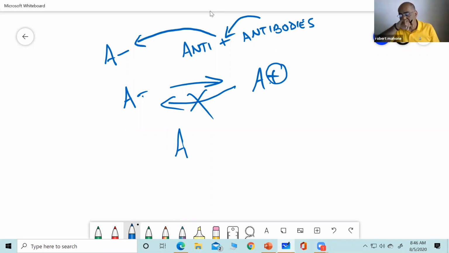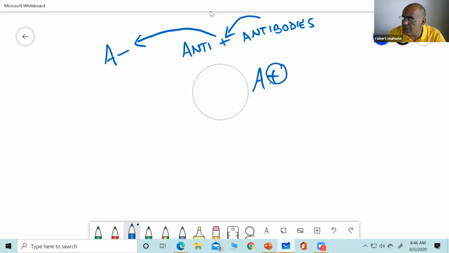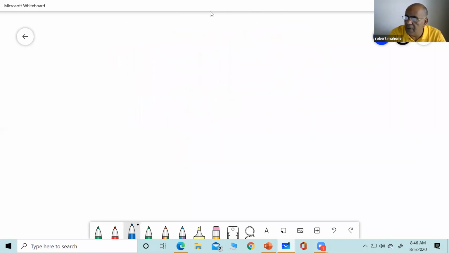Now, the positive and negative, or the positive factor, known as your RH factor. Okay. If you have this, then you're RH positive. If you don't have it, you're RH negative.